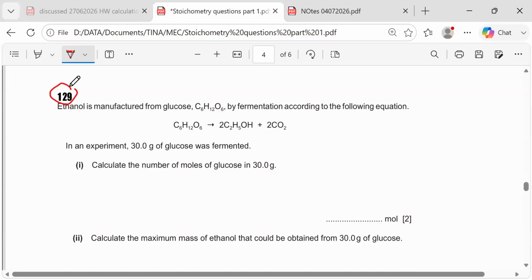So you take 12 times 6 plus 1 times 12 plus 16 times 6, and you get the molar mass. Do you remember how to do molar mass? You add together the mass, then it's mass over molar mass.